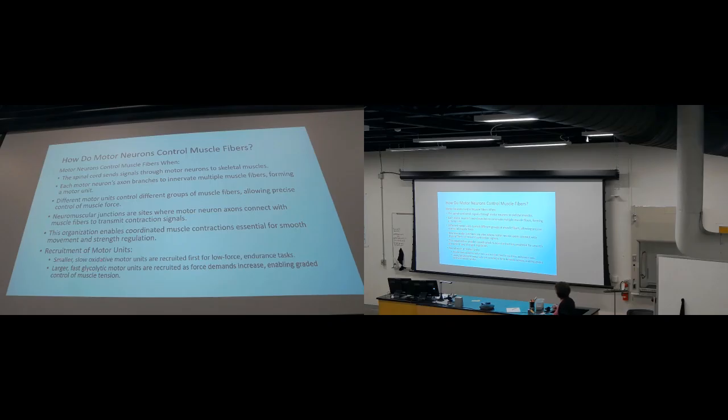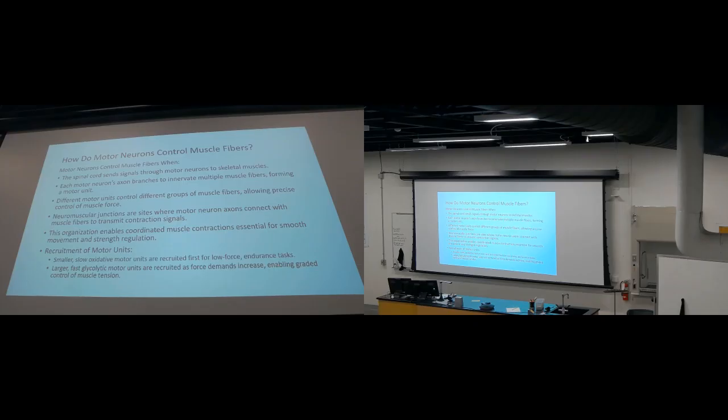So then the recruitment happens in the following way. First you start with smaller motor units. If you have a muscle where you have both small and larger motor units, you start by recruiting first the ones with fewer fibers, and you will have low force first.